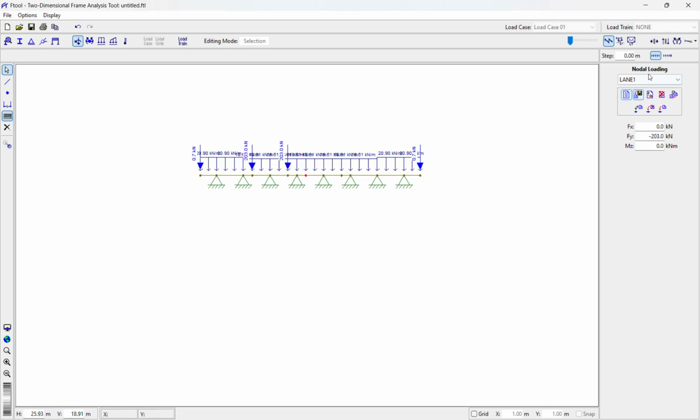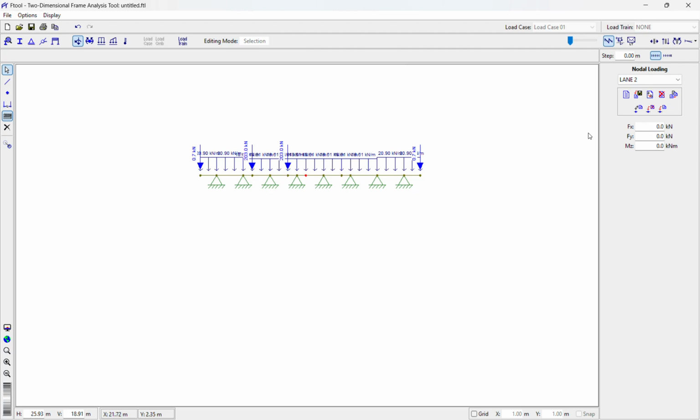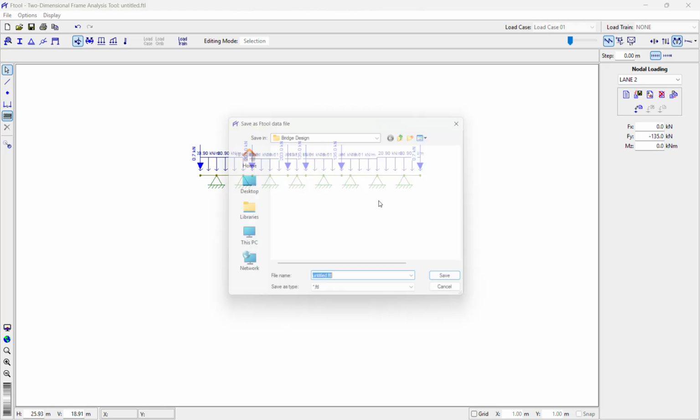Apply. Create a new load. Then 2, done. It is negative 1.5. Done. Done. And then we analyze.